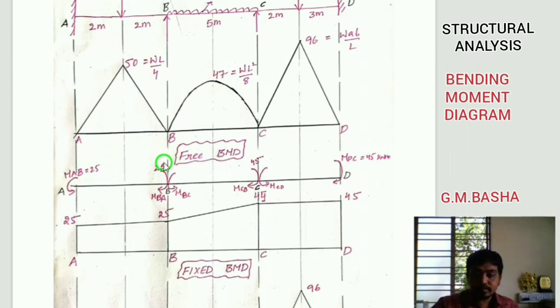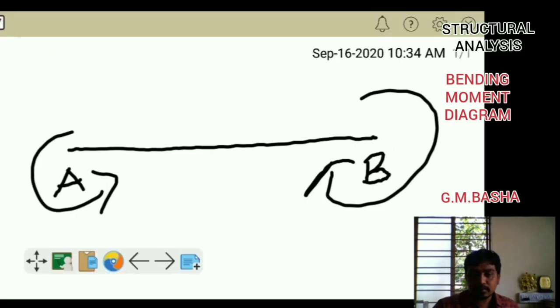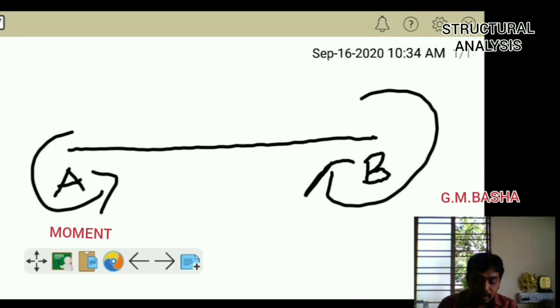So see here, this is the span. Whenever a force is applied at A, the beam will move upward like this up to 25 kilonewton meter. You take that as the unit force.